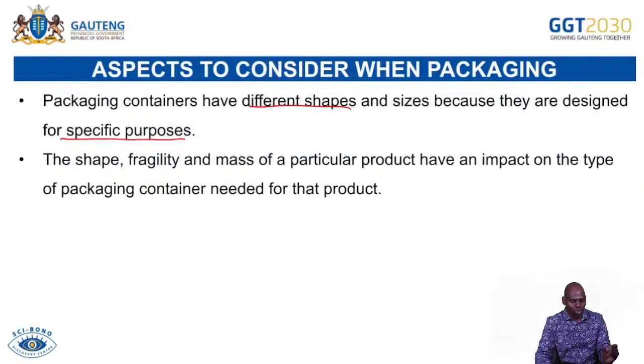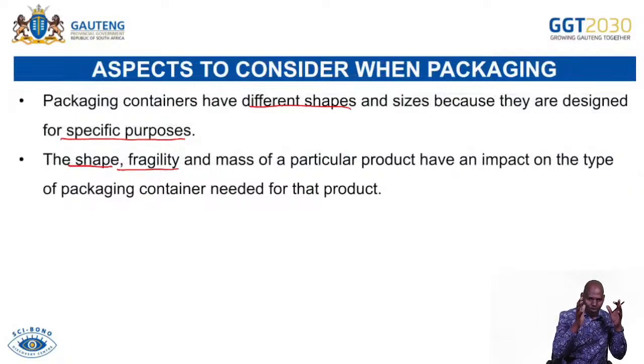And then we must also think about the following again: shape, fragility. What do we mean by that? Fragility is something that can easily get broken. Think about a situation where you have to pack glasses into a box. If you don't pack them properly, they might get broken.